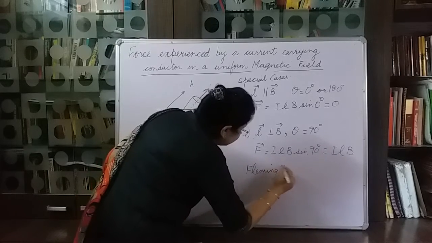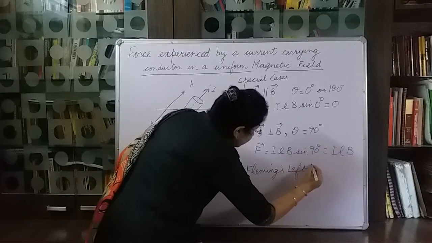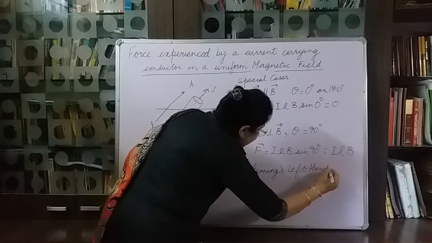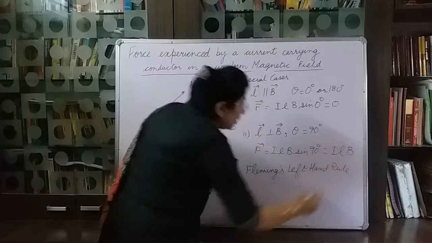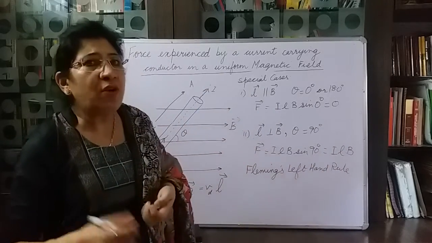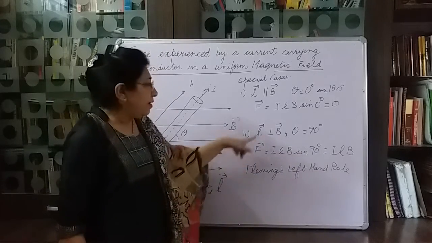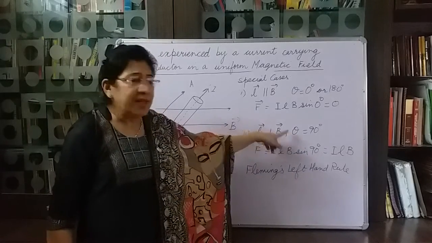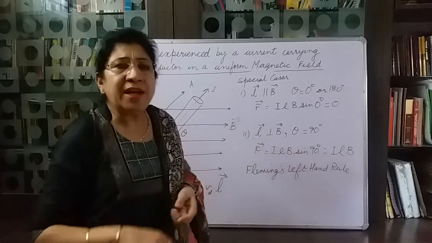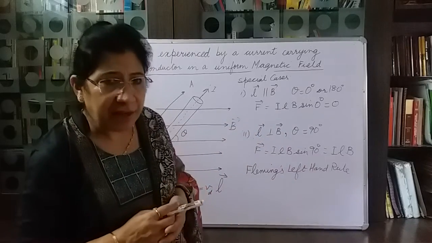Fleming's left hand rule. We discussed this rule when we were talking about Lorentz force. This rule applies only when the angle is 90 degrees, that is when the current carrying conductor is perpendicular to the magnetic field.